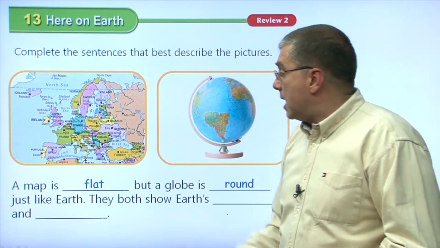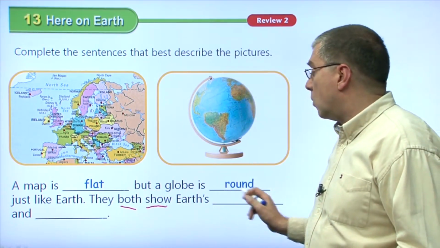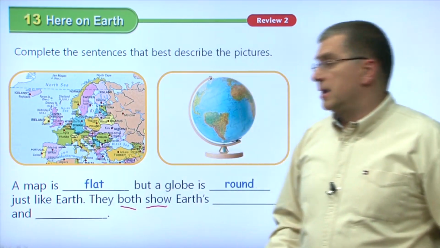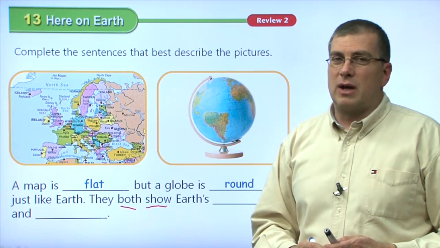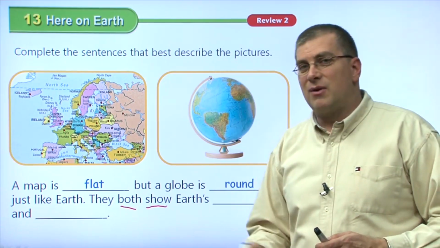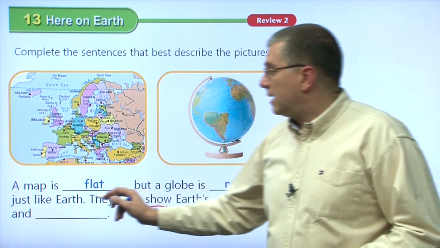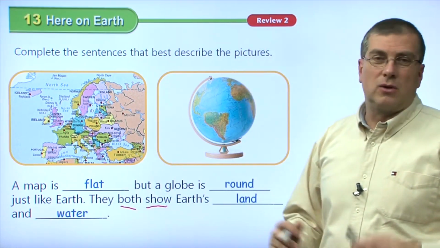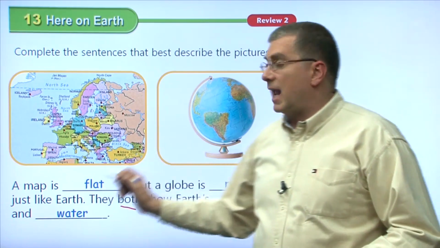How are they the same? They both show Earth's what and what. Remember the 2 things we talked about on Earth, right? We talked about there's 7 of one, 5 of the other. They both show Earth's land and water. So we could say continents and oceans, but we could also say land and water.